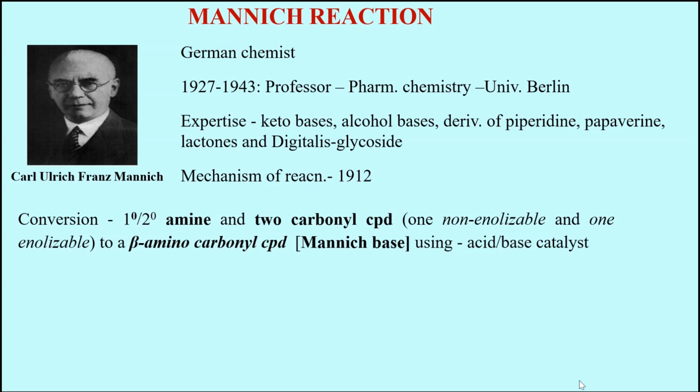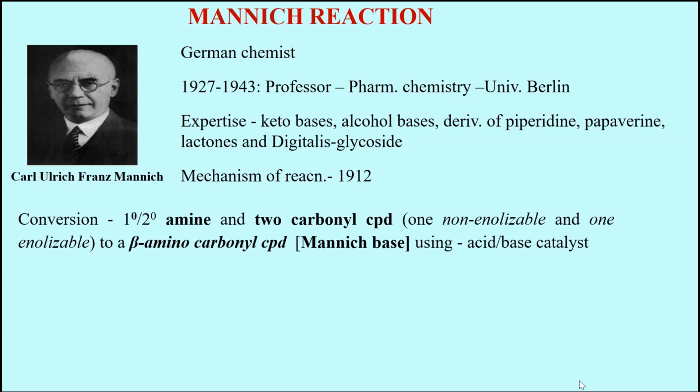What is this Mannich reaction? This is the conversion of primary or secondary amine and its reaction with two carbonyl compounds, out of which one is an enolizable carbonyl compound, another is a non-enolizable carbonyl compound.